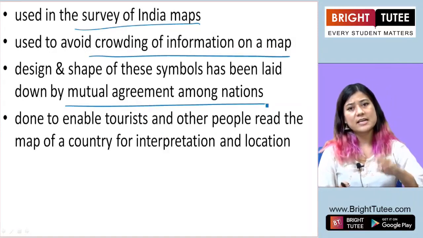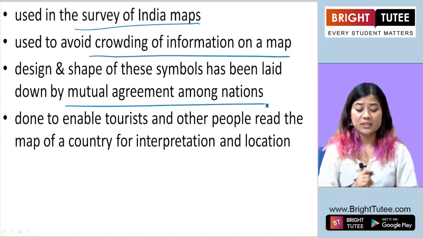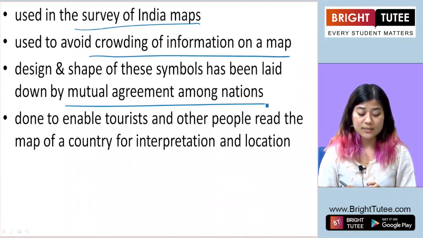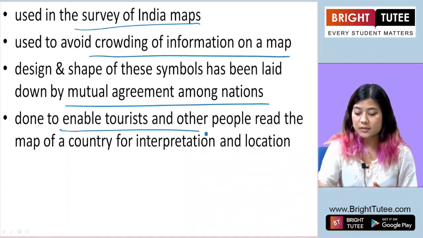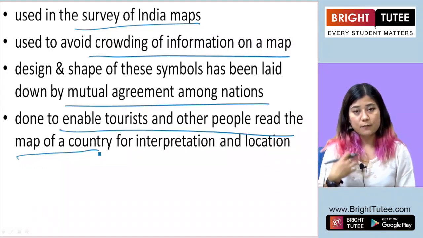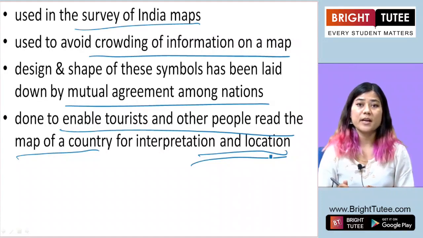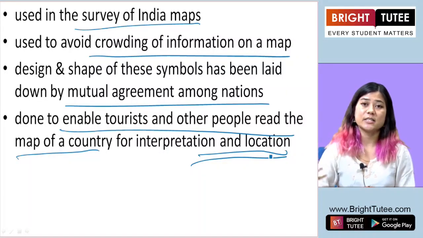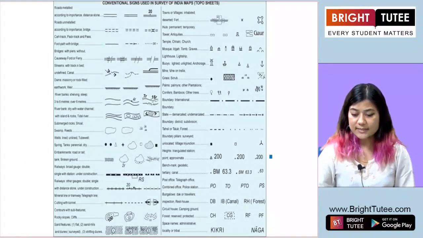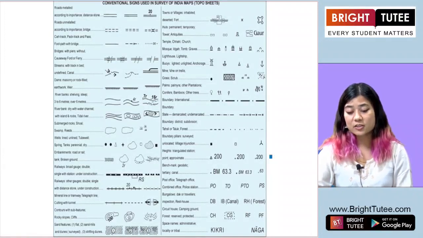They are not just any symbols which are picked one day and removed the next day. All right. Now these symbols enable tourists and other people to read the map of a country and interpret it for their understanding, and also to find the locations of their destinations. So here is a chart with various symbols. Okay, these are conventional symbols.